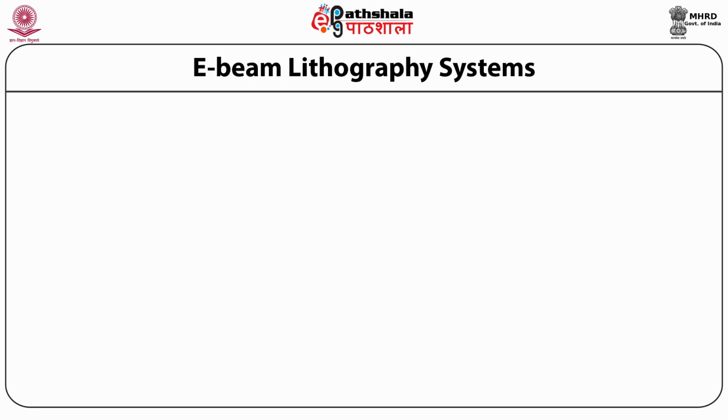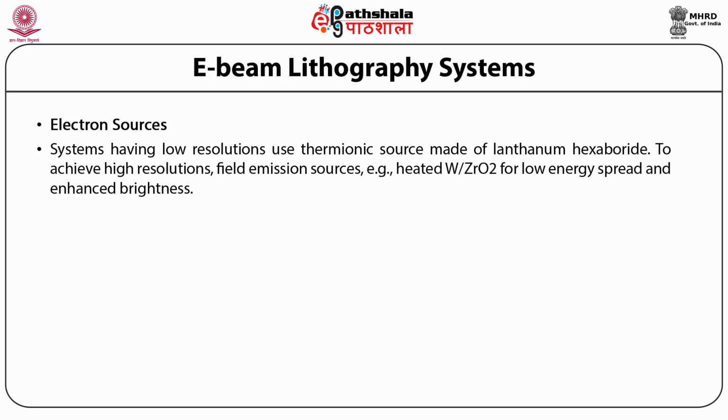Let us discuss the various electron sources. Systems having low resolutions use a thermionic source, which is made of lanthanum hexaboride. To achieve high resolutions, field emission sources, for example heated tungsten with zirconium dioxide, are used for low energy spread and enhanced brightness.